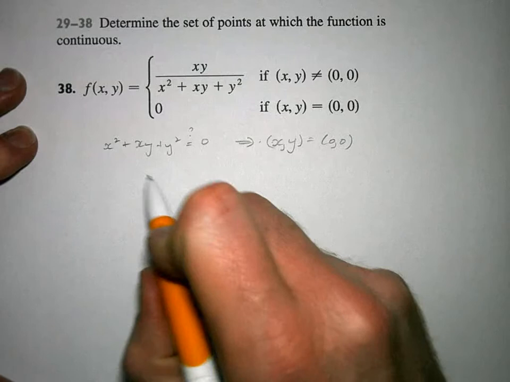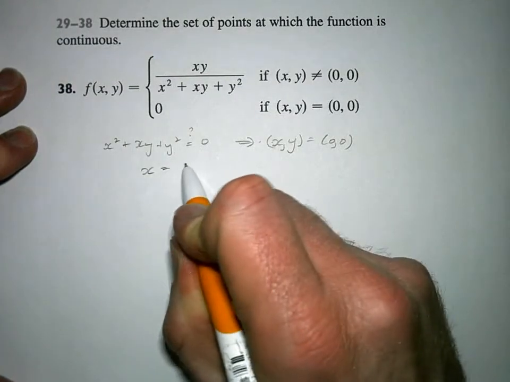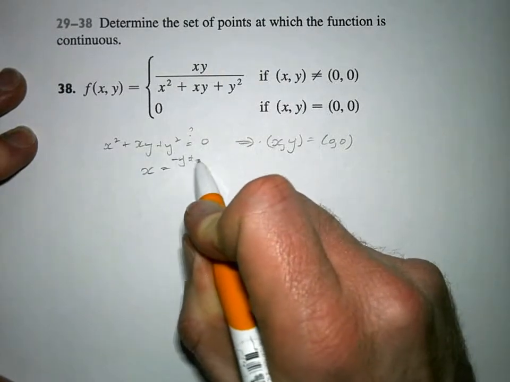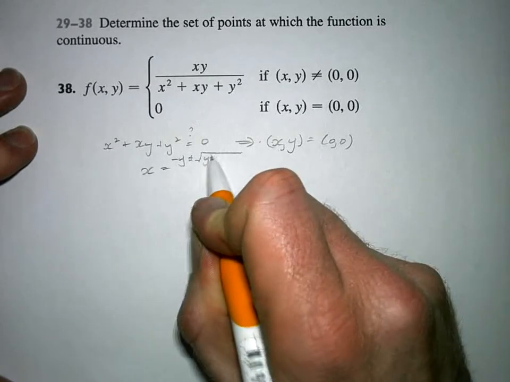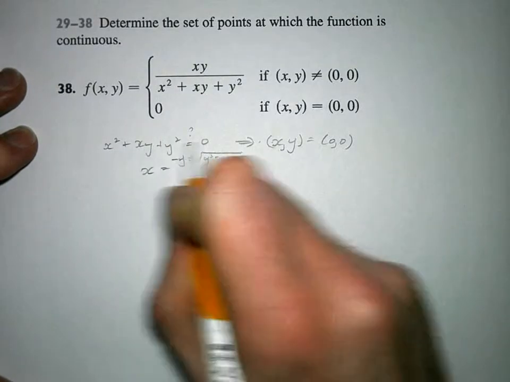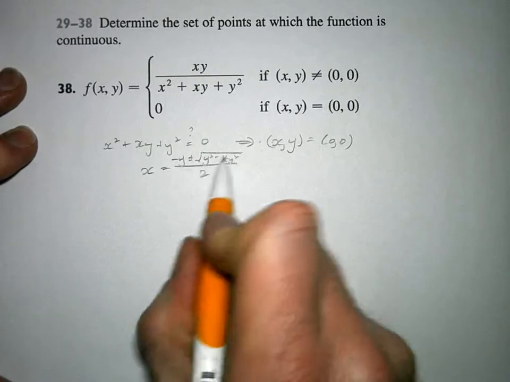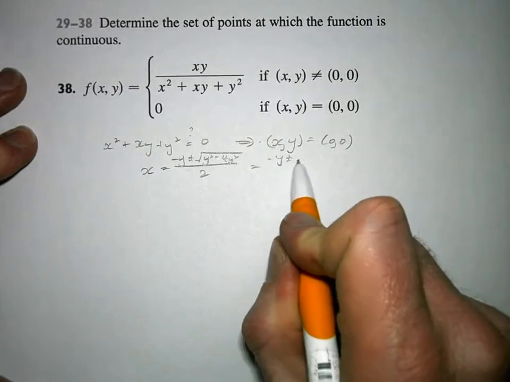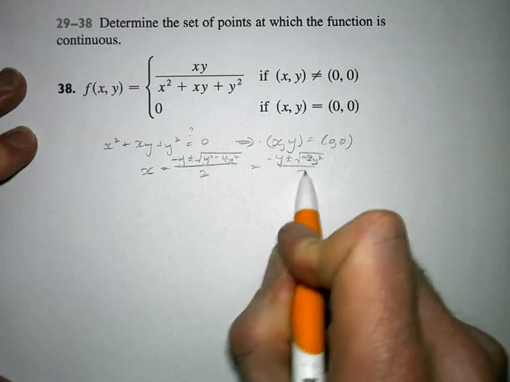The only way I could do it was to use the quadratic formula to have x equal to minus b, so b in this case is y, so minus y plus or minus the square root of b squared, so that's y squared, minus 4ac, c is y squared, so minus 4y squared, all over 2a, so all over 2. Let's just write this: minus y plus or minus the square root of minus 3y squared, all over 2.